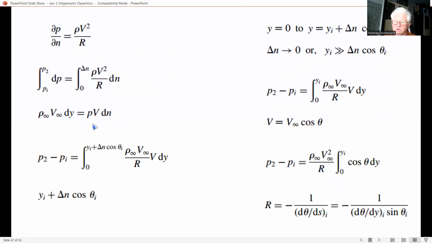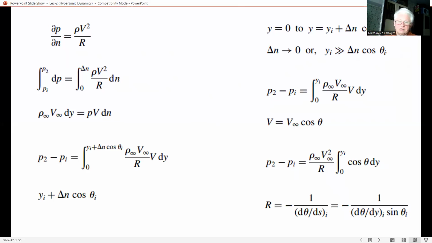Substituting this into the previous equation, we get the next expression for p2 minus p1: the integral from 0 up to y sub 1 plus delta n cosine theta of rho v over r times v dy, where the direction of integration now becomes the vertical coordinate y.